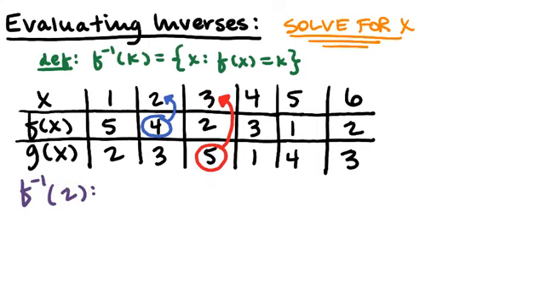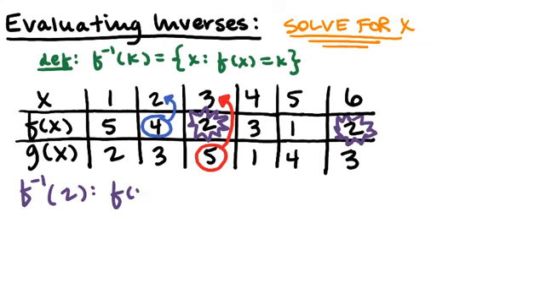All right, and the last example I've got for you on this particular table is going to be f inverse of 2. And now I'll tell you, this is probably not something that you're going to see again in this course. We're not going to be dealing with inverses that pull back more than one thing. But notice how we've got 2 twice over here. And the definition of f inverse of a number is just the set of all x's for which f of x equals 2.